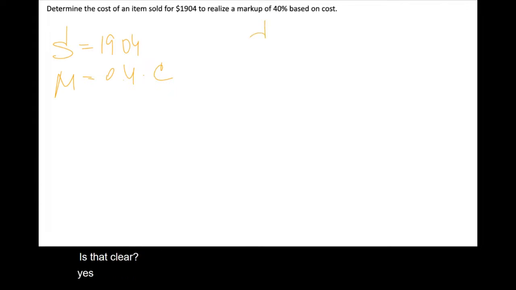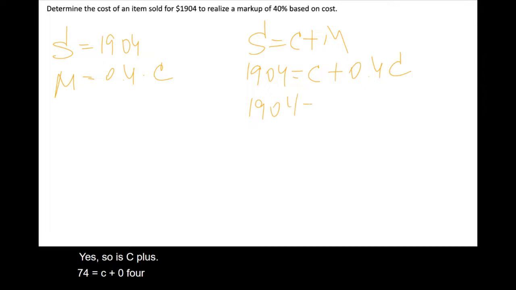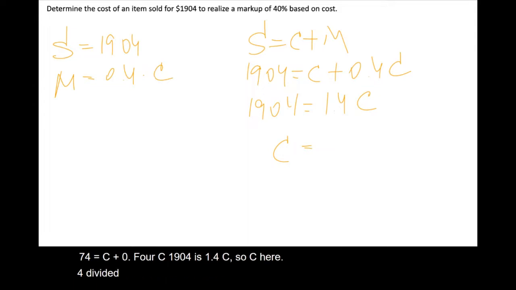Yes, so S is C plus M. So 1904 equals C plus 0.4C. 1904 is 1.4C. So C here is 1904 divided by 1.4, which is 1360.